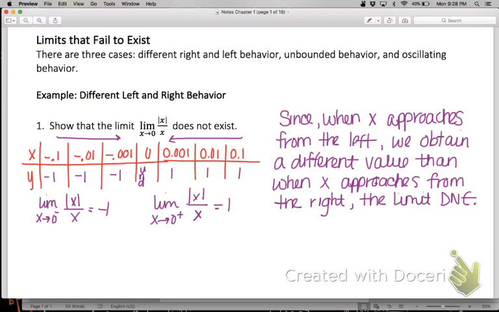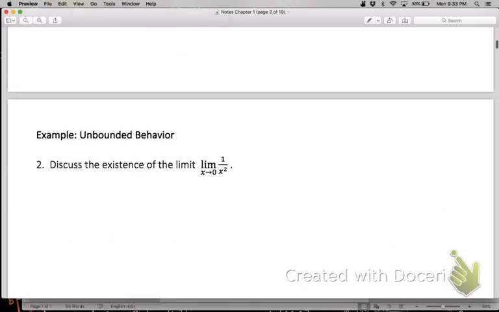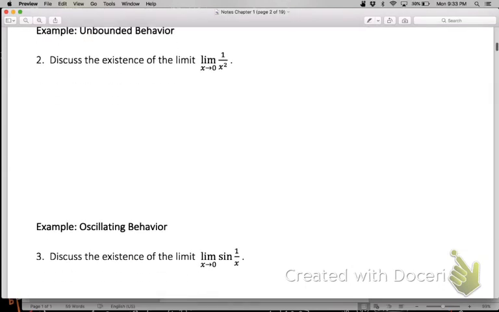If you were to show the two one-sided limits, and just wrote something like negative 1 does not equal positive 1, therefore the limit does not exist, that would be fine. On the following two problems, it says discuss the existence of a limit.